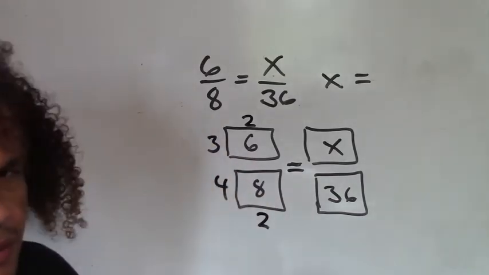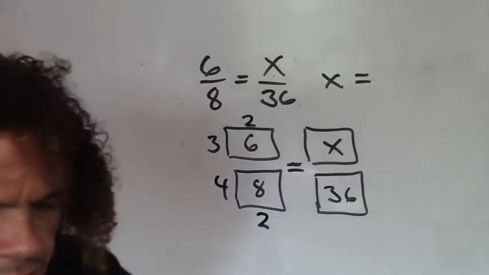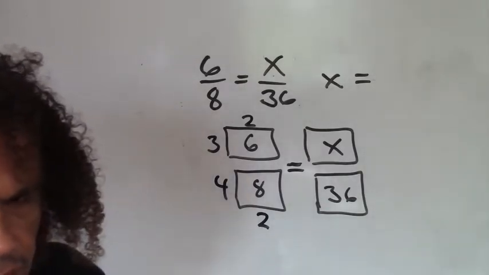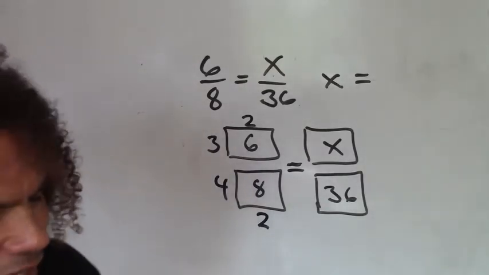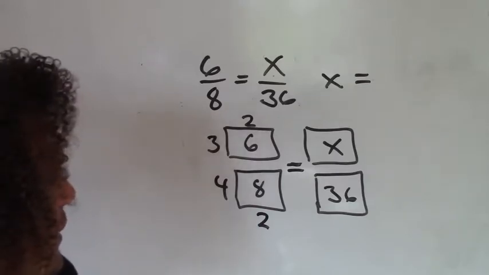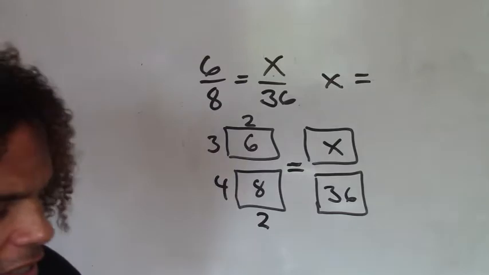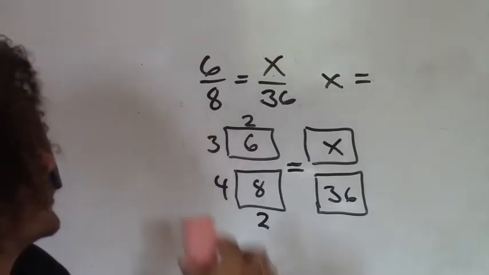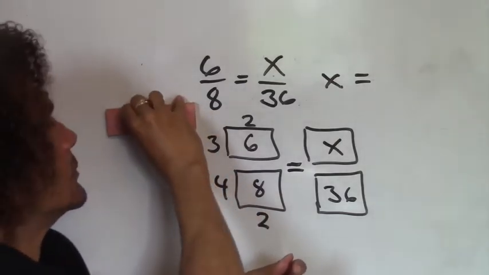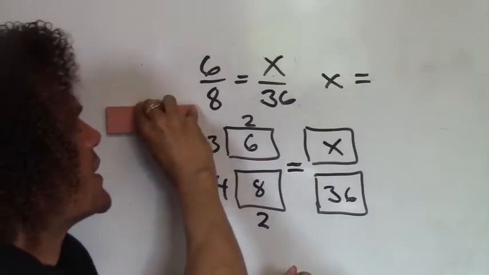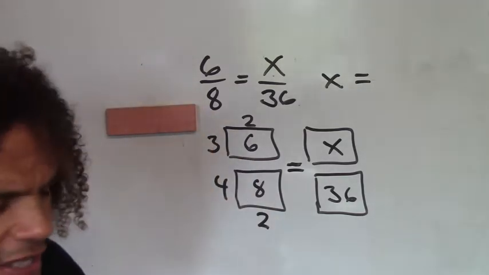Oh wait, get your blocks out. I think I figured the answer. Oh wait, oh, hold on a second. I know you figured the answer. Alright, so what's the answer? 28. Oh, close. So close. Try again.